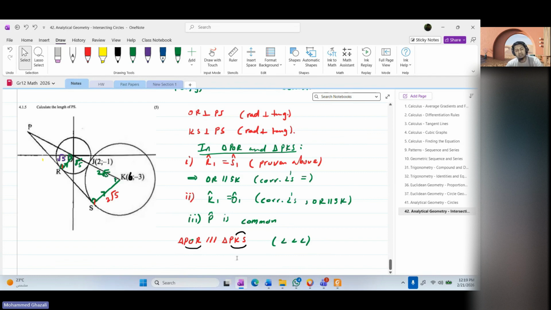That's the order of the triangles. That's fine. This piece is missing here. There are pieces missing.